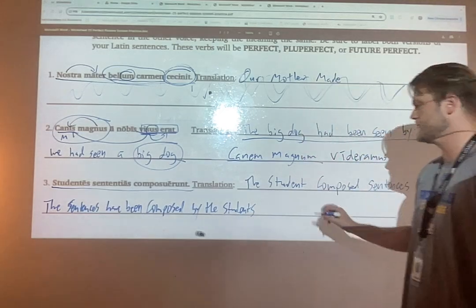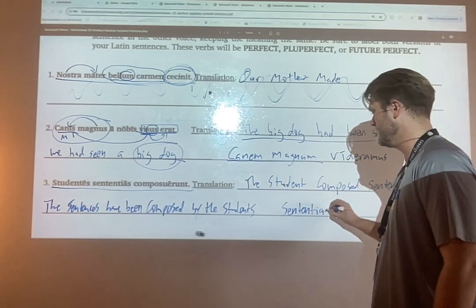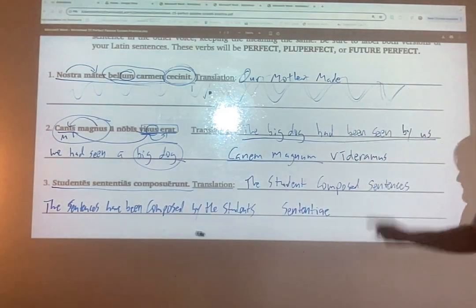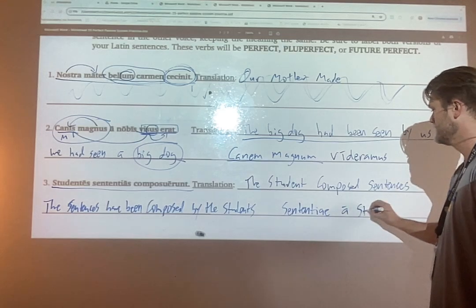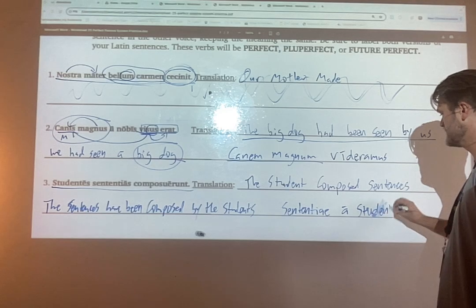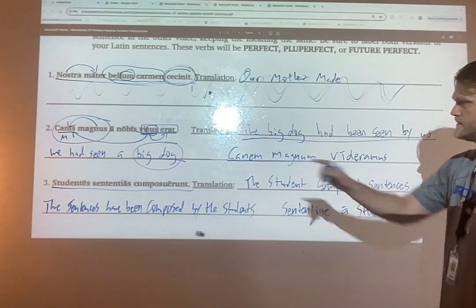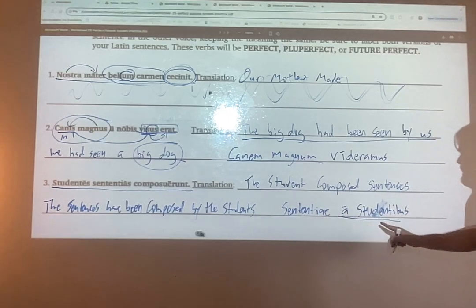So sententias just needs to become the subject. Sententii, now it's nominative plural. The sentences by the students would need to be studentibus. Whoops. Studentibus. Now it's ablative, not nominative anymore because it's an ablative of agent. By the students. Sentences by the students.